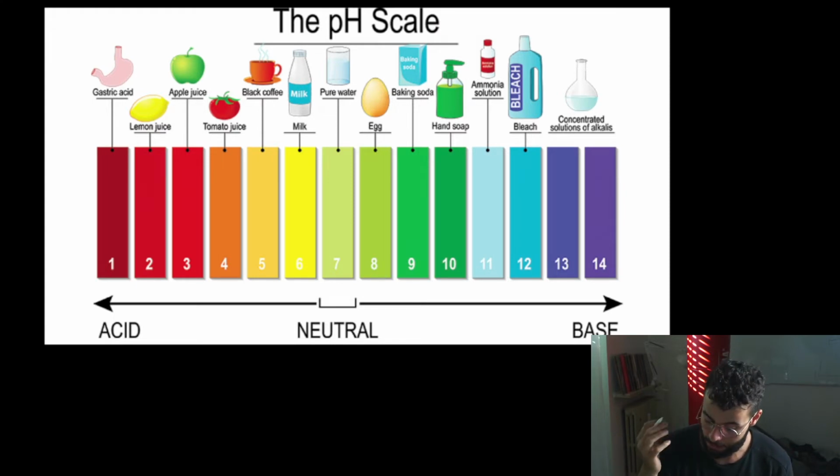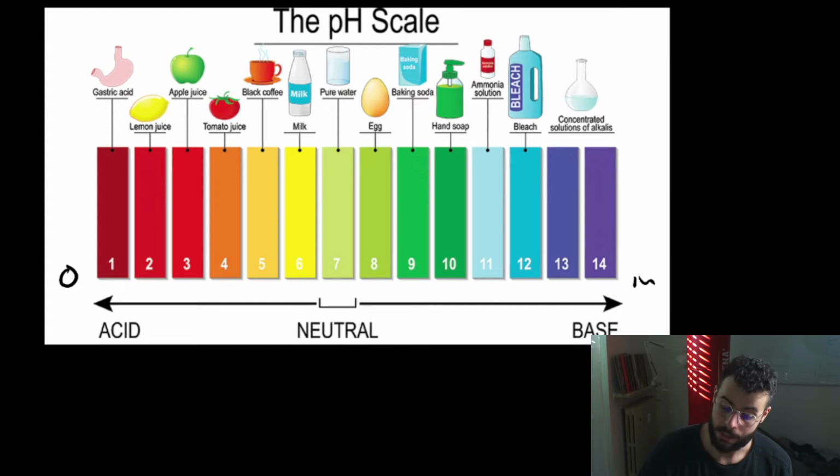The pH scale is a logarithmic scale that represents how basic or acidic something is, and it goes from 0 all the way to 14, where 0 is something with the highest acidity, and 14 is the most basic something can get.